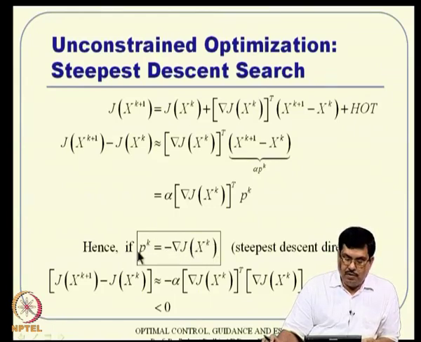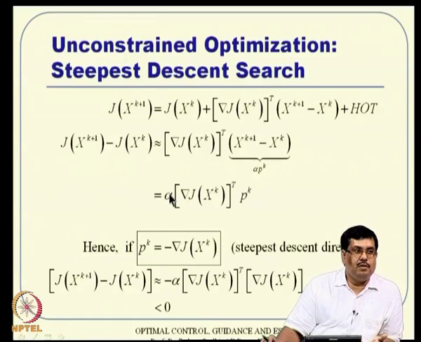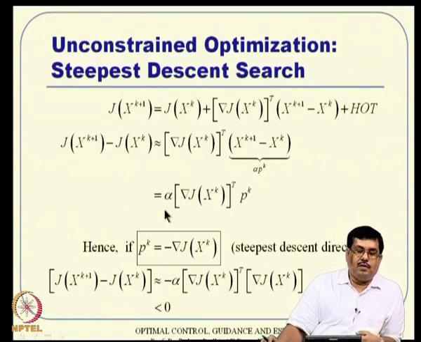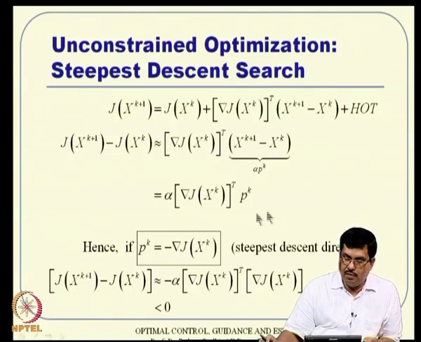In other words, make the travel along the direction of p k, that is alpha, as large as possible, which will guarantee that the cost function keeps on decreasing. If at some point it starts increasing, then there is no point in going any further. That is the whole idea of line search.